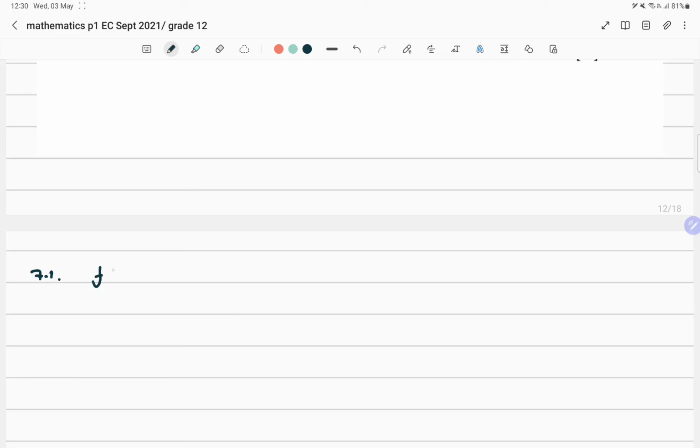We know that the f prime of x is equal to the limit as h tends to 0 of Sir Isaac Newton's quotient. So this is f of x plus h minus f of x divided by h. Great. That is as simple as that. And then we start working lim as h tends to 0.